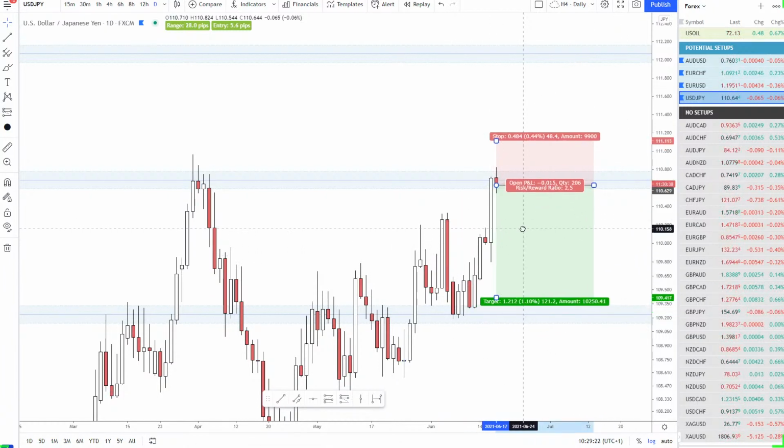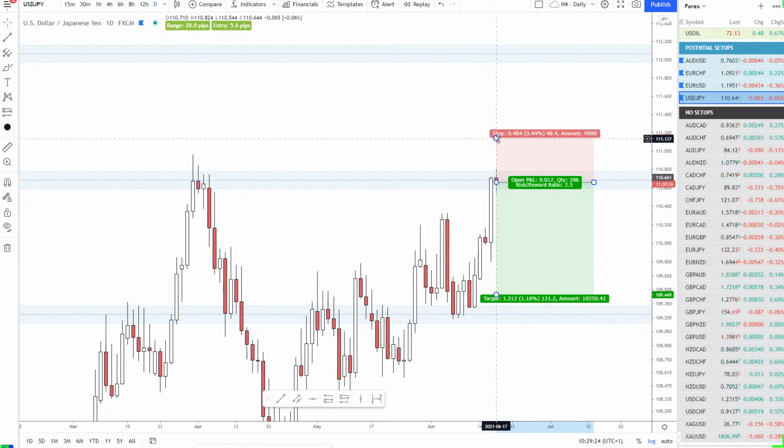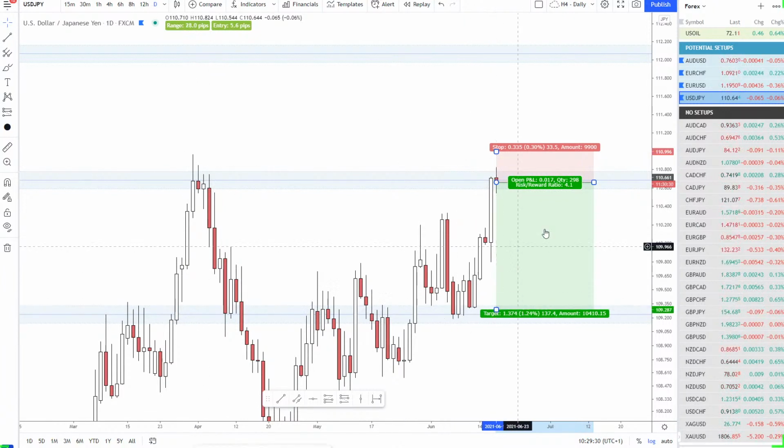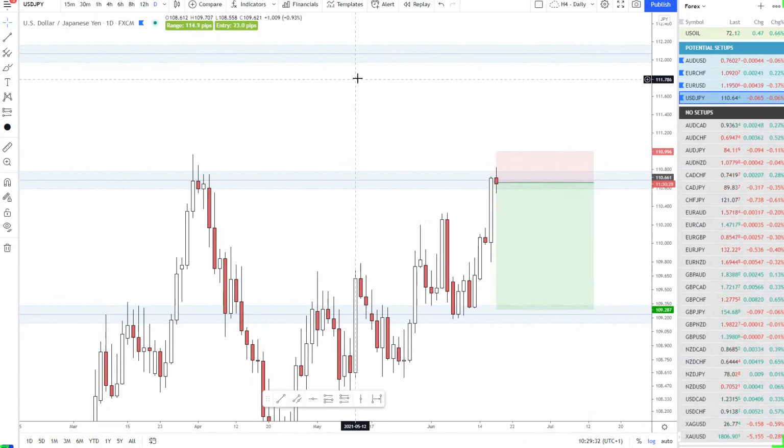Whereas if you enter here, you get a smaller stop loss, because you just want to place your stop loss above that wick, and it's 4R. So risk to reward ratio is far, far better. So there is potential to enter there. We'll discuss that in the forum in a little bit more detail for those of you who want to enter this trade. But that's pretty much it for the daily analysis, guys.